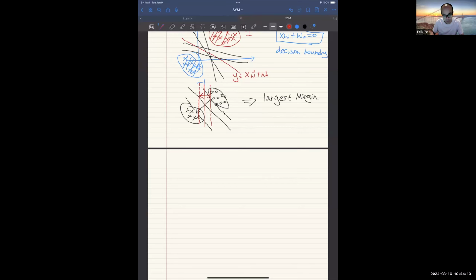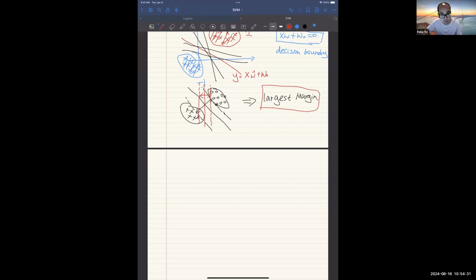Okay, so this is something called hard margin classification. If we have multiple lines that can separate the data points, then we choose the one that gives the largest margin.